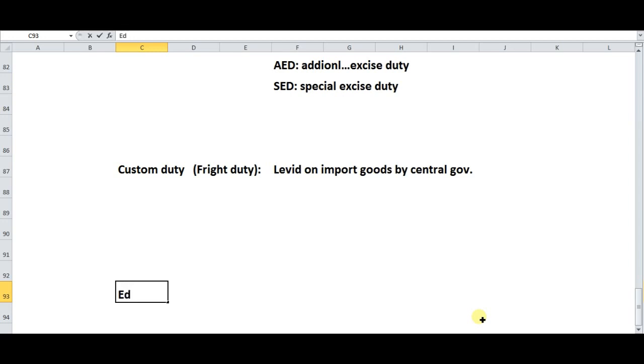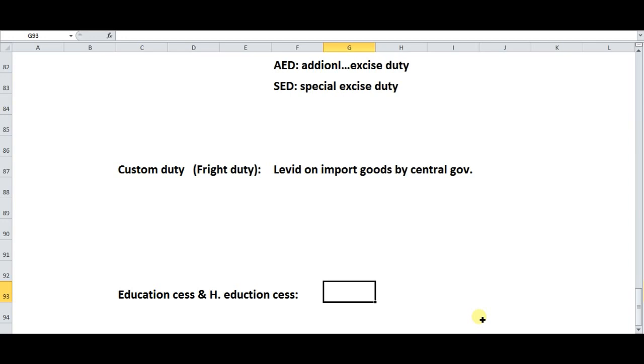Education cess and higher education cess is deducted and used for education of poor people in India.